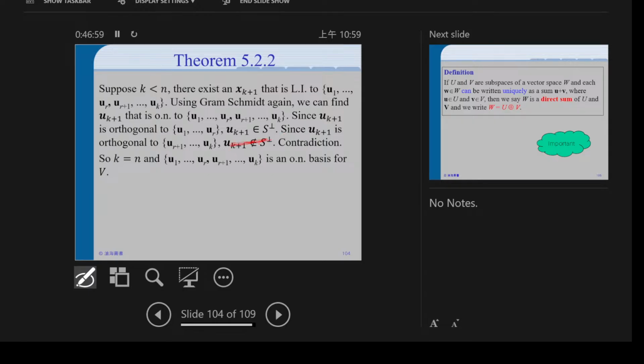I like to write this another way, which is more symmetric. Let's say it's orthogonal to everything in S perpendicular. So u_{k+1} is inside S.